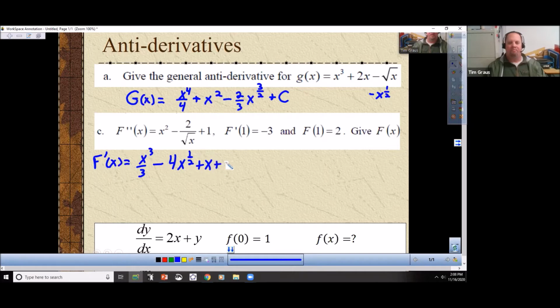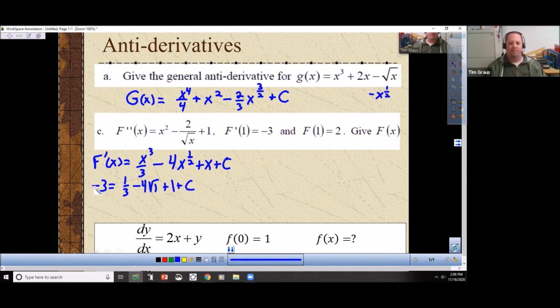And again, we have a plus c, but this time we have enough information to find that constant. So by plugging in 1 for x and negative 3 for f prime, we could get the value for c. It's negative 3 equals 1/3 minus 4 square root of 1 plus 1 plus c.